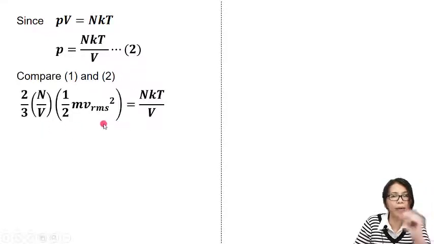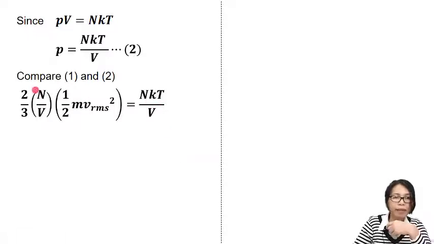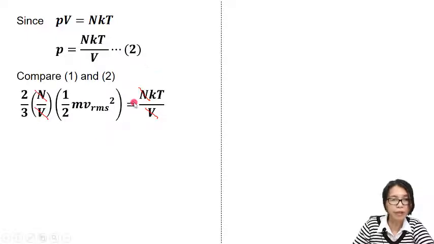I equalize both equations because both equations represent pressure. So I'm going to have 2 over 3 N over V half mv squared equal to NkT over V. Then N can be cancelled, volume, alright, also cancels. So I rearrange the equations.